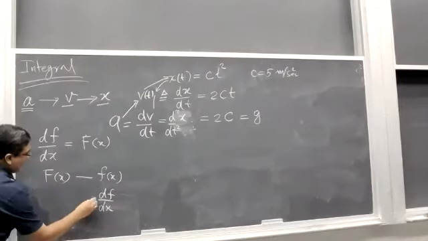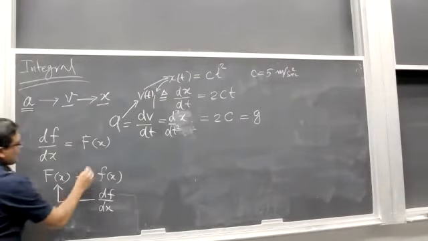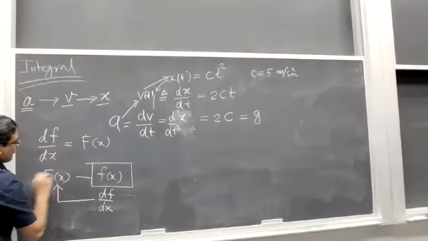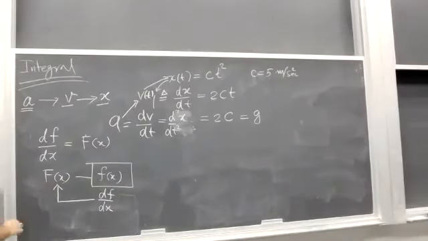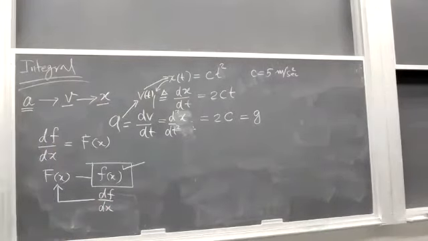And if it gives us this function back, then we say that this is the antiderivative. Small f of x is the antiderivative of F of x. We will do this with examples in a minute. Is this clear? Somebody wants to ask a question?